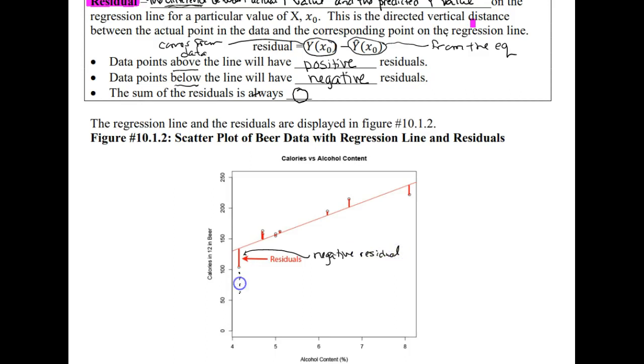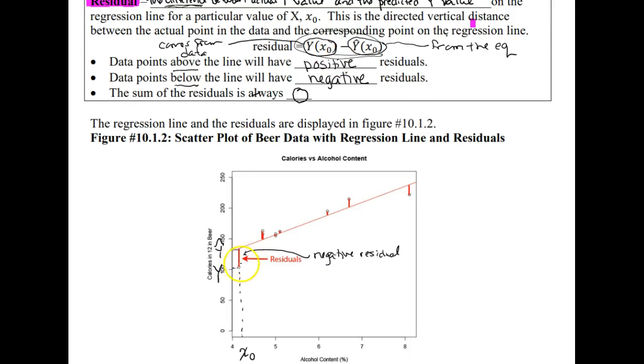As we take this particular value of x and look at where it is in the data, this is the actual value of y, and then we plug it into the equation, which gives us the predicted value of y. When we subtract those two values, that difference we get is the residual.